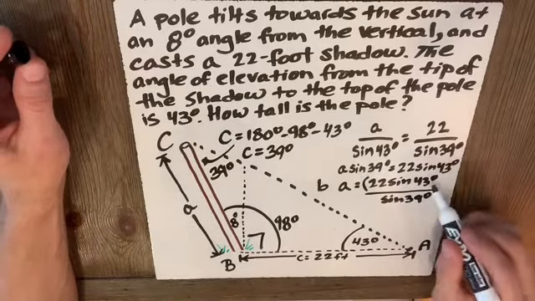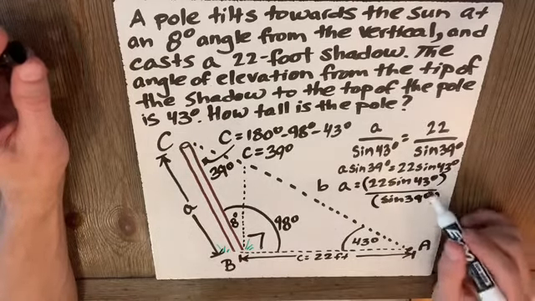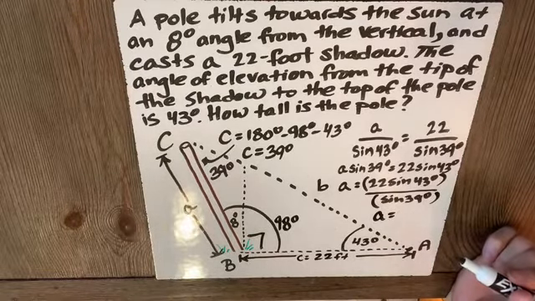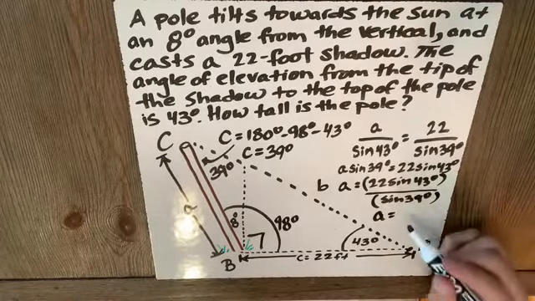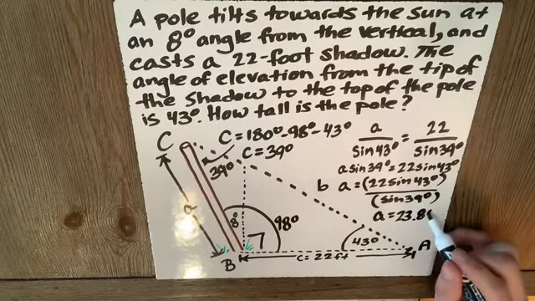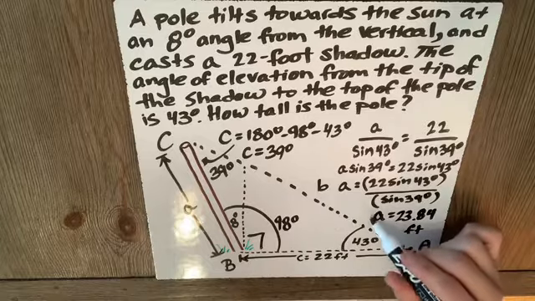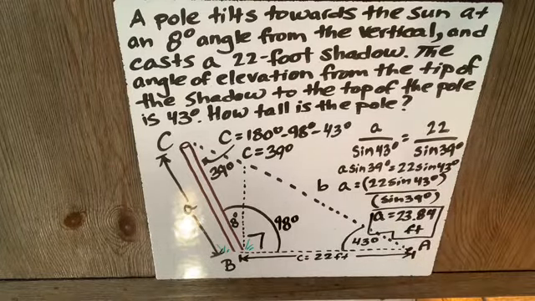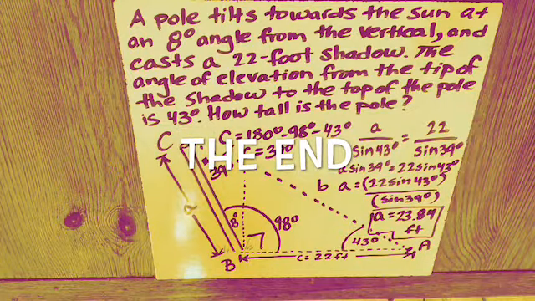And if you put parentheses here and parentheses there, or use that control division button on the high-speed TI calculators, you'll get about 23.84 feet. And that's what we were after, side A. Nice, we got it. And that's a little bit bigger than 22, so I'm happy about that.